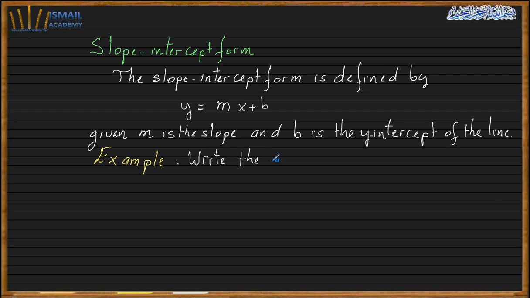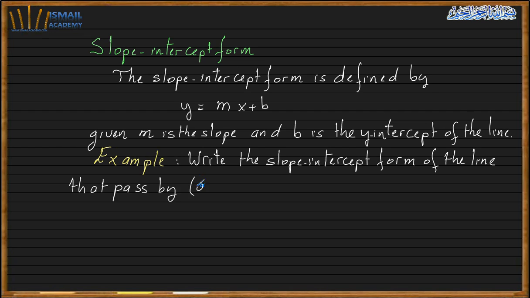So they ask me to write the slope-intercept form of the line that passes by the y-intercept, with m equal to 2. So as you see here, they give us those.